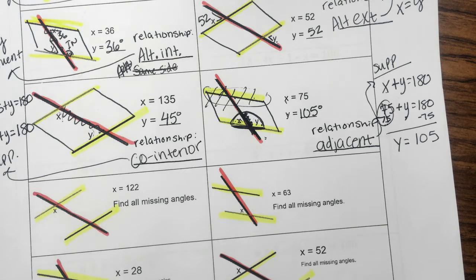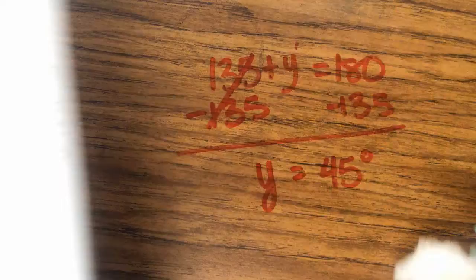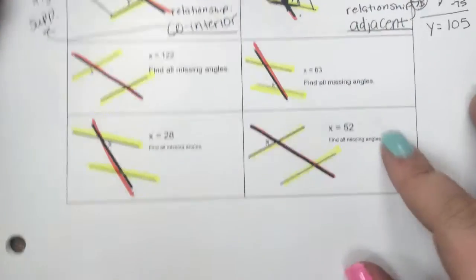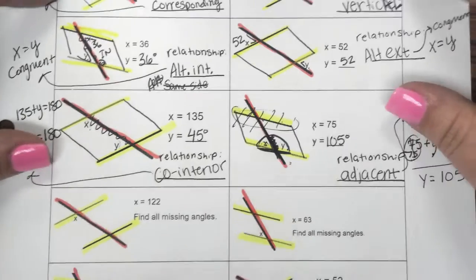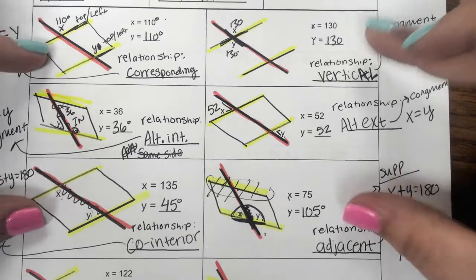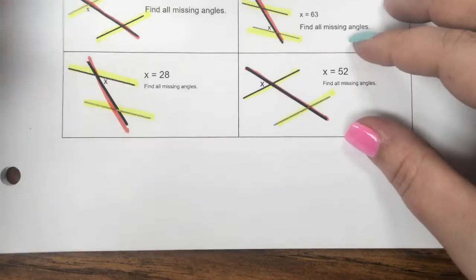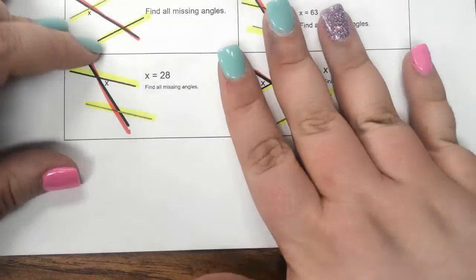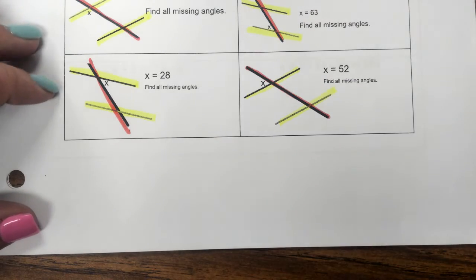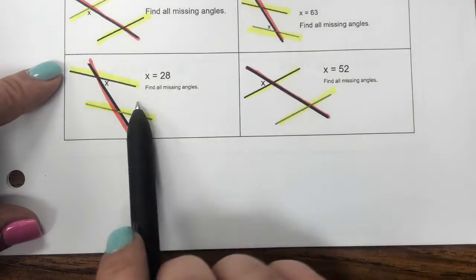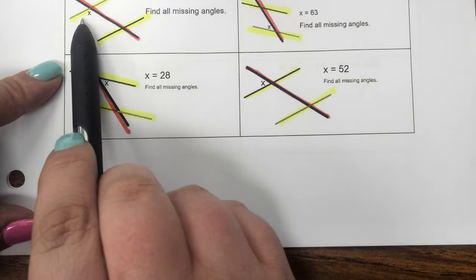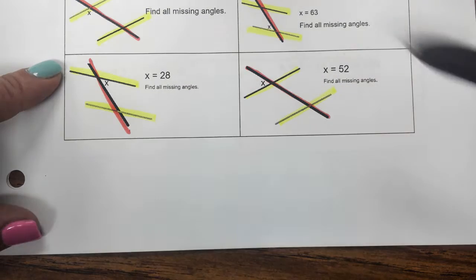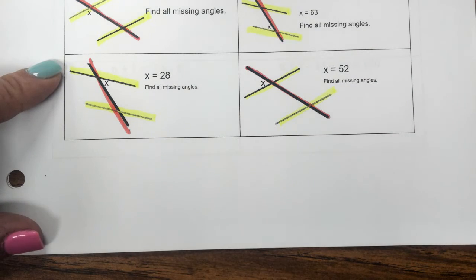The last four examples on the page correspond with the problems on the back of the homework. The first examples correspond with the first side of your homework, and the last four problems correspond with the back side. In these last four problems, they actually give us one angle measure, and then they need us to find all of the other missing angles.